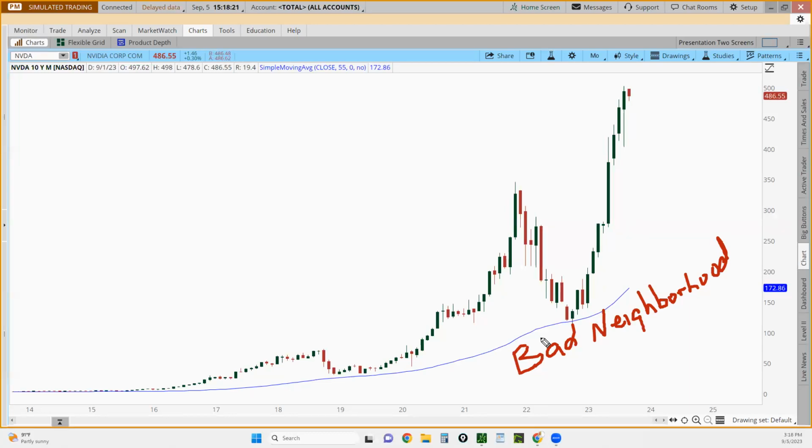So that's the first thing we try to eliminate. We only focus on stocks that spend the majority of their existence, the majority of the time, above the 55 simple moving average. And so this would be considered good neighborhoods, right? Give me a second.